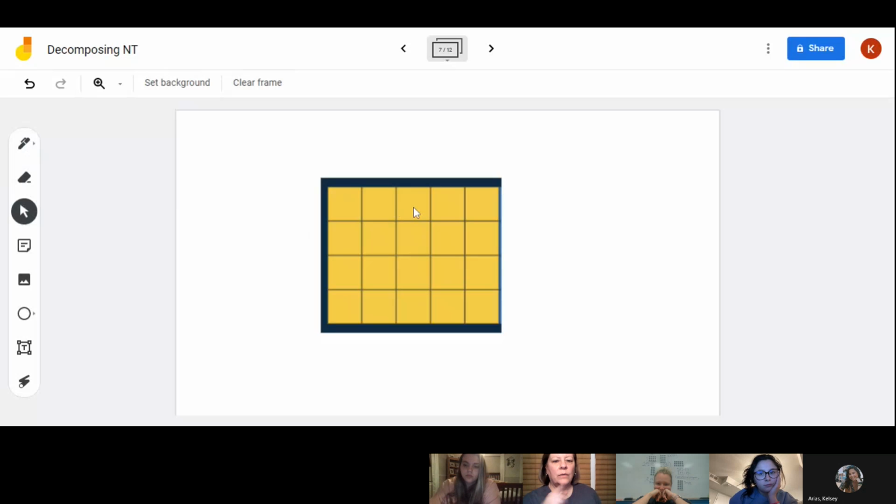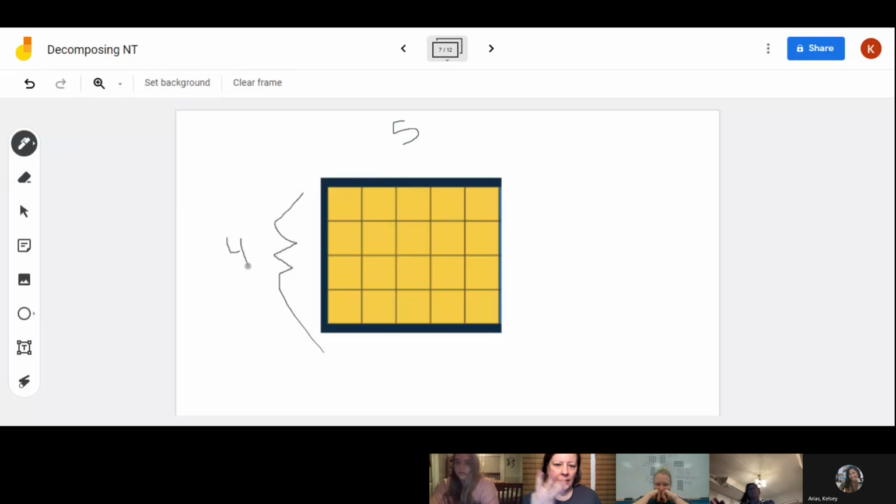Well, I noticed there were 5 columns and there were 4 rows. And I just counted by fives 4 times. 5, 10, 15, 20. And so I think there's 20. Okay, so what you're saying is there were 4 rows, and you said 5, 10, 15, 20.